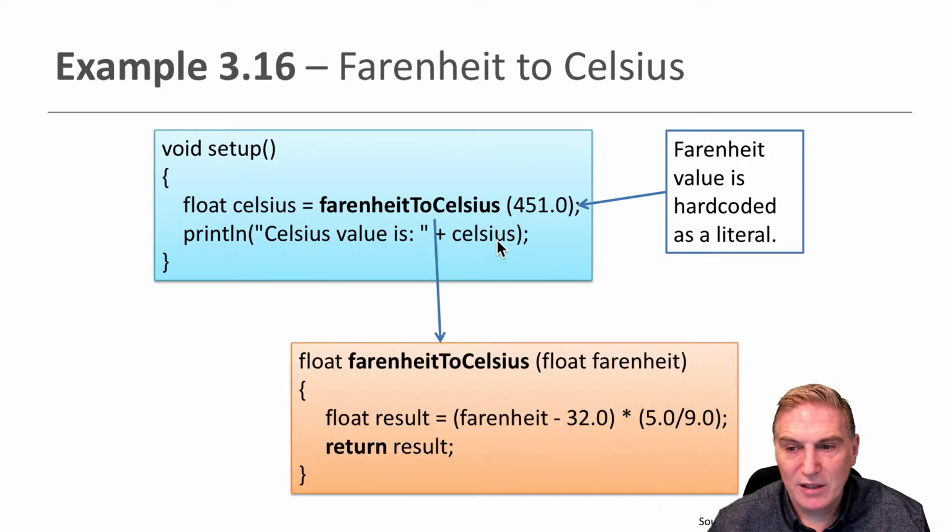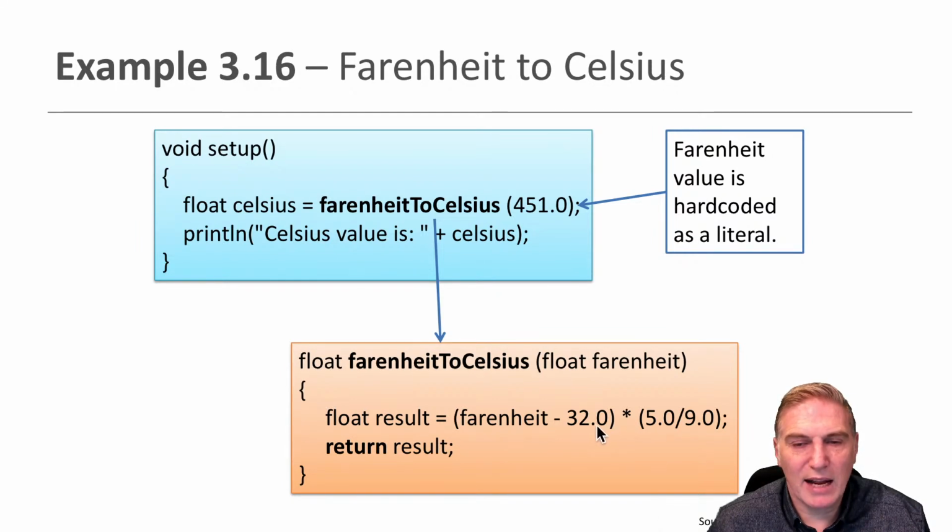Okay. So here's the definition. We have Fahrenheit to Celsius. It returns a float. It takes in a float, which is the Fahrenheit value. It's returning the Celsius as a float value. So you don't have to worry about remembering how do you do that calculation. You can look that up anywhere. It's Fahrenheit value minus 32.